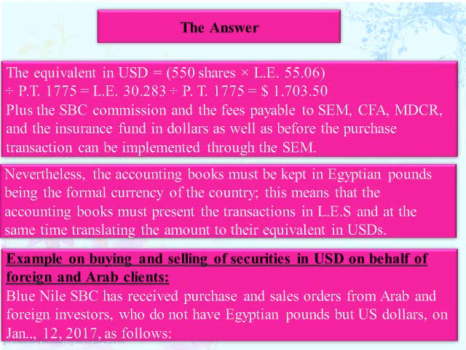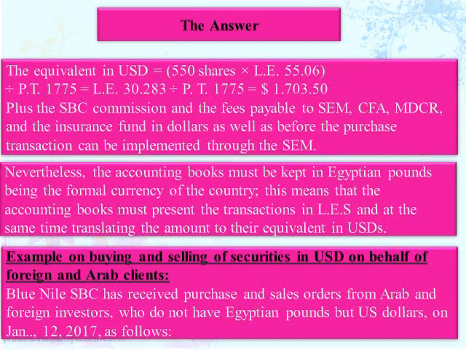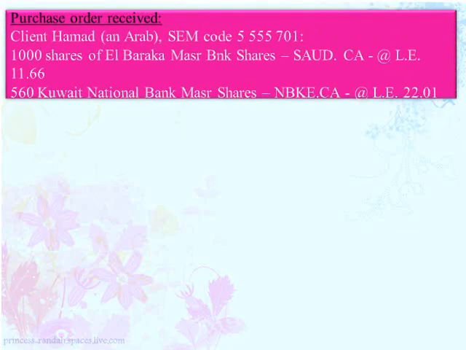Here we are assuming an example that the Blue Nile SBC has received purchase and sales orders from Arab and foreign investors who don't have Egyptian pounds but US dollars on January 12, 2017, as follows. First of all, the purchase order received.